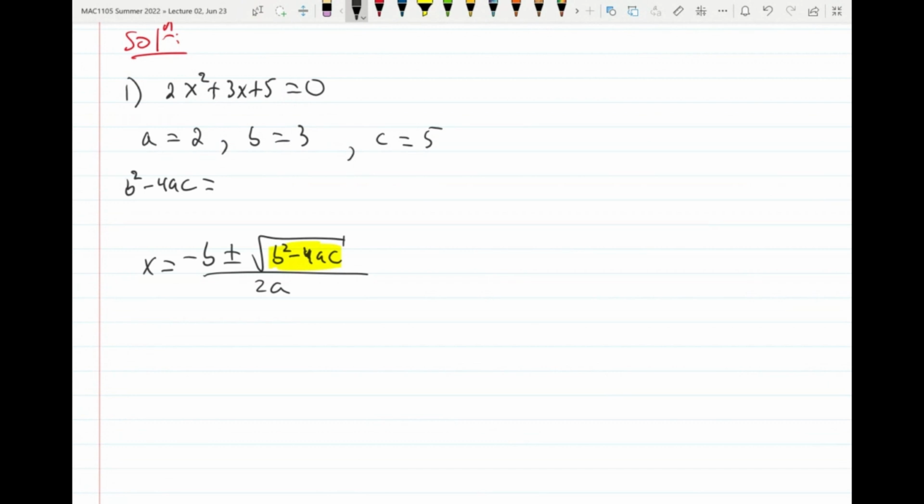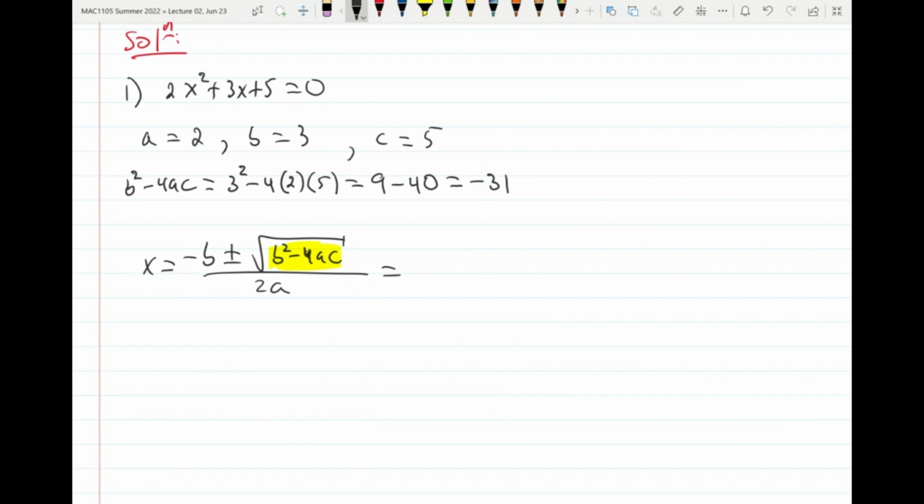And then whatever number I get, I put it there, and that way the formula doesn't look too messy. Okay, so that's going to be 3 squared minus 4 times 2 times 5. So that's 9 minus 40, which is negative 31. Okay? So this quantity b squared minus 4ac is giving me negative 31.